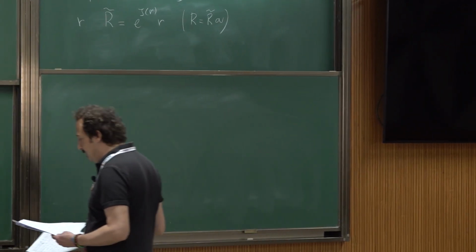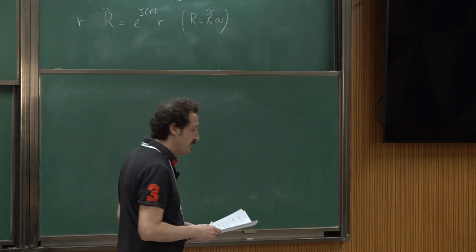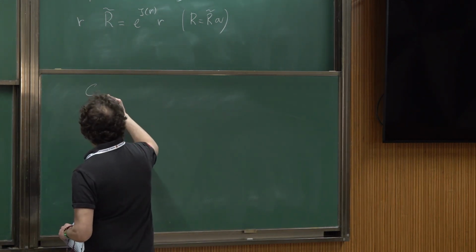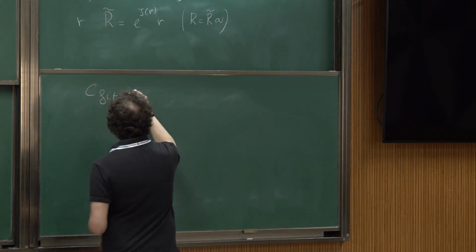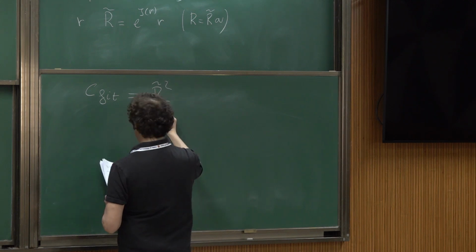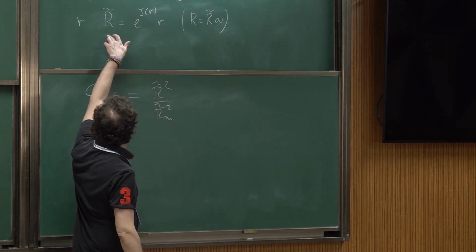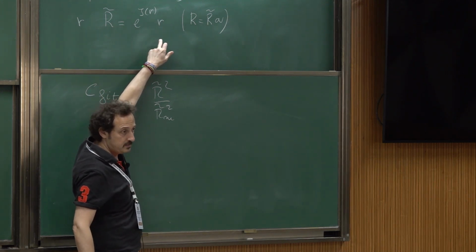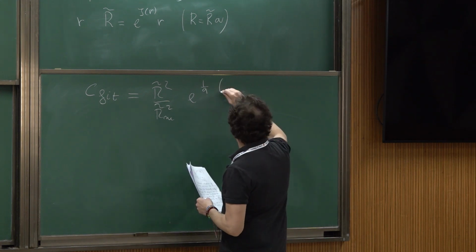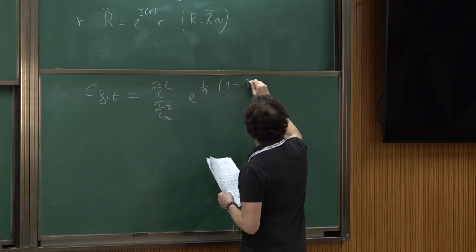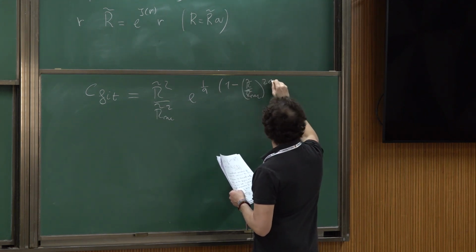The choice we have made, by which we checked that you can take actually any base you want and you will get roughly the same result, for the compaction function fit that we used, is equal to R tilde squared divided by R tilde m squared, where R tilde m means R tilde when R is equal to R m, of course, and then e to the 1 over q, 1 minus R tilde over R tilde m to the 2q.